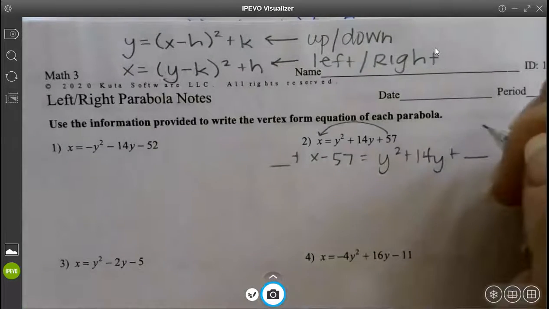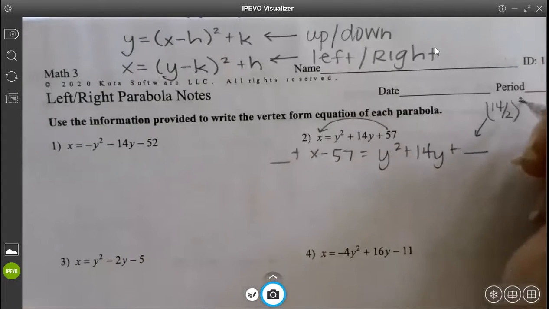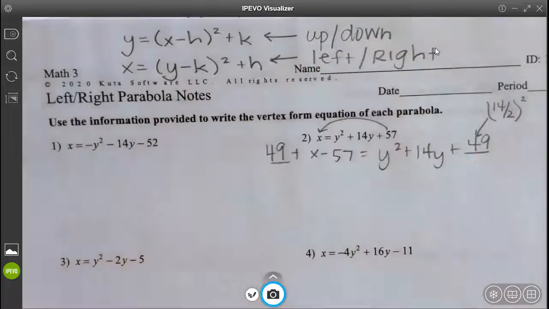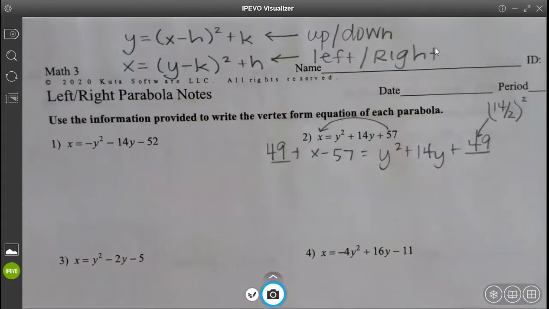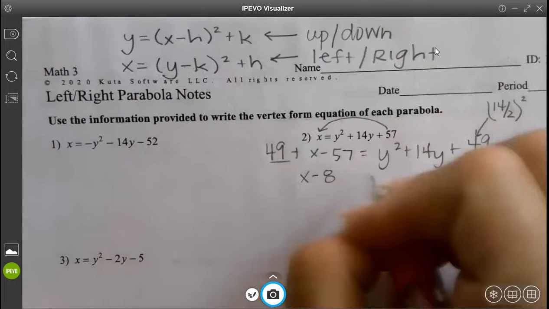Okay. To fill in this blank, that 14 divided by 2 is 7, squared is 49. What I do to one side, I do to the other. We're going to clean it up. 49 minus 57 is negative 8.